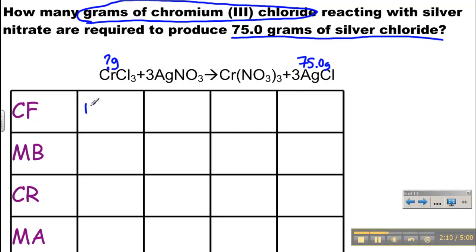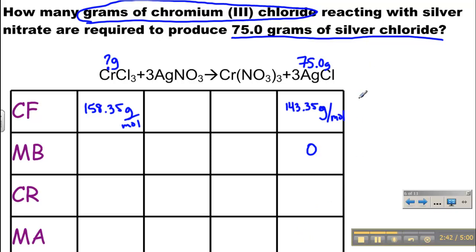So because we have grams, we do need our conversion factors as molar mass. So for chromium-3 chloride, that is 158.35 grams per mole. And for silver chloride, that is 143.35 grams per mole. Now we need to convert grams to moles, and we need to figure out our moles before. So of course we start with 0 moles of silver chloride, which means we can figure out how many moles after our reaction.